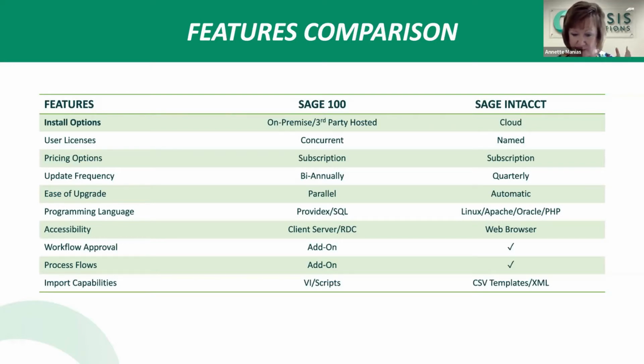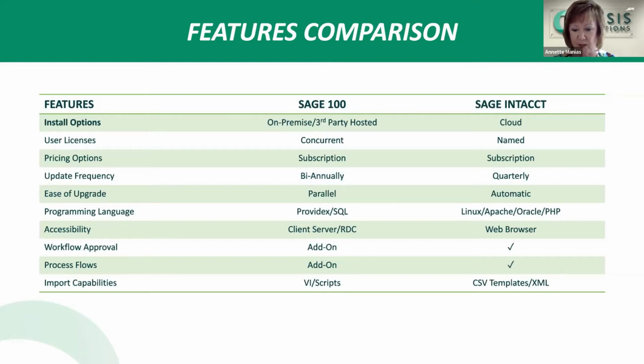That's a little bit of a difference. I'm not saying good or bad, just a little bit of a difference. On the update frequency, Sage 100 is biannual, whereas Sage Intacct is every quarter. The upgrade with Sage Intacct is automatically applied to your system, whereas Sage 100 is a parallel. We take you from this version to this version.